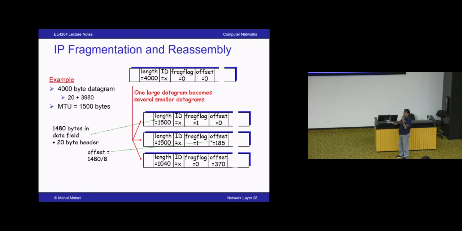What's the payload for the first packet? So what should the offset be? And then what should the offset be for the third packet? What is it? So how much? What should the offset be?